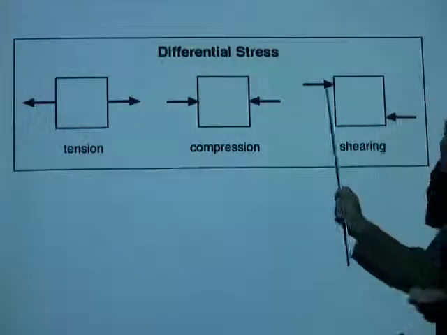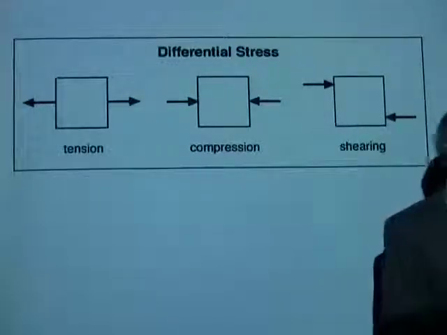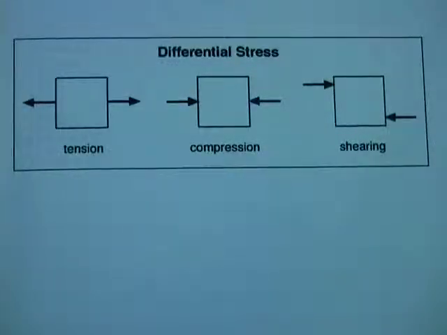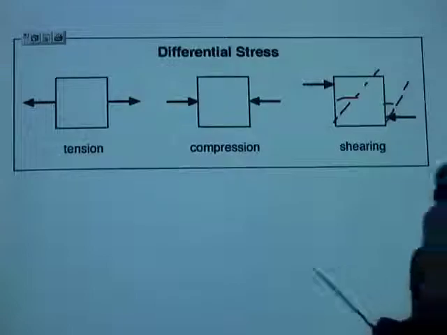The forces are parallel, and what will happen as a result of this force? As a result of this force, the object is going to look something like this a little later, like this. So you have a change in the angle, that is a shear stress.